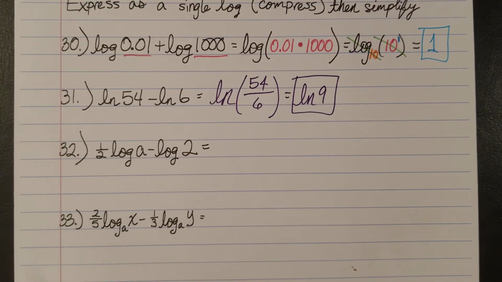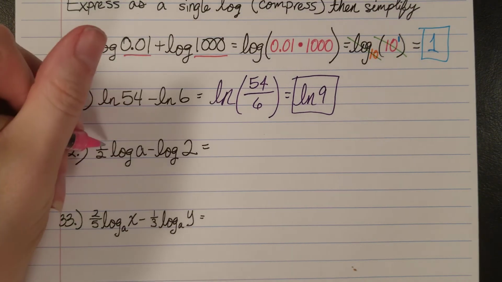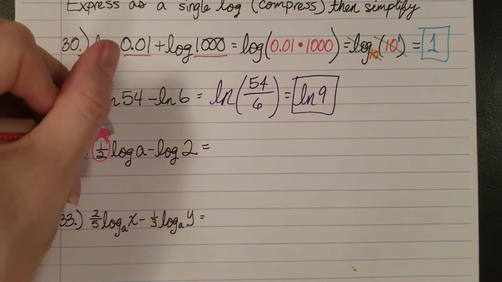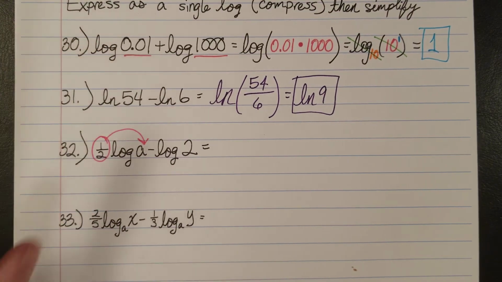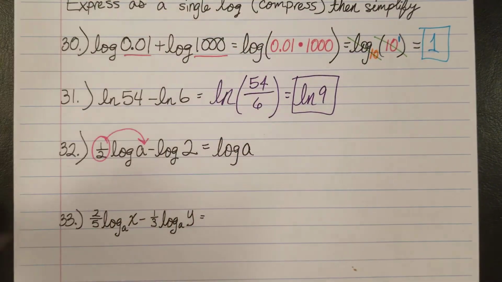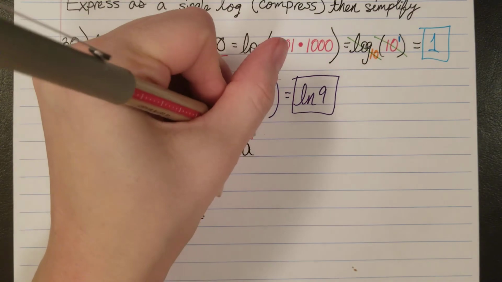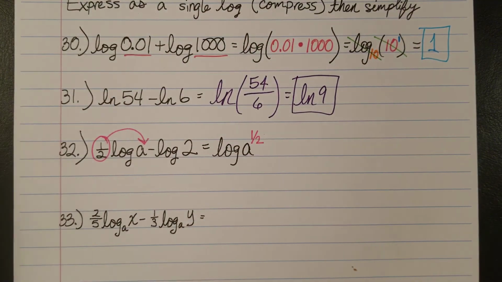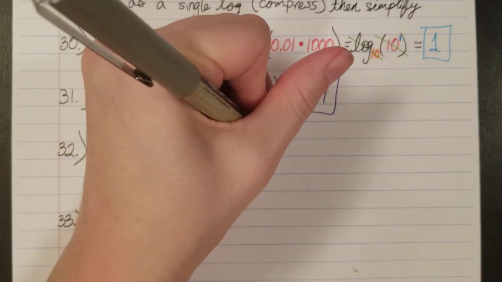Number 32. The first thing I'm going to do here is turn this into an exponent. So we're moving it up here. All right. So that gives me log of a to the power of 1/2 minus log of 2.